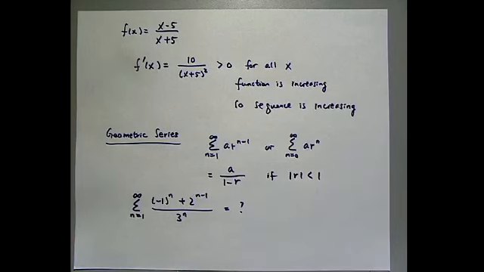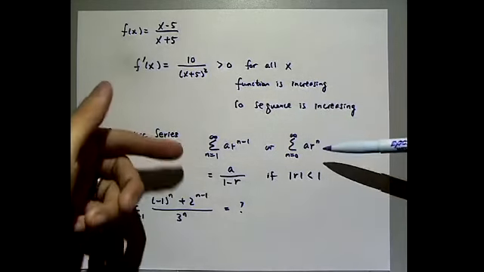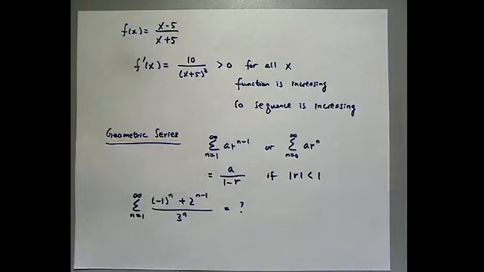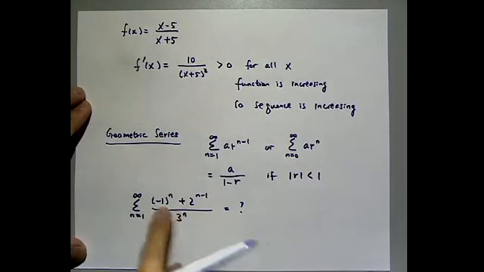Here I want to find the sum of that series. Now the first thing you notice here is it doesn't look quite like the simplest form that a geometric series is supposed to have. But because these things are added together, it's worth trying separating them out.